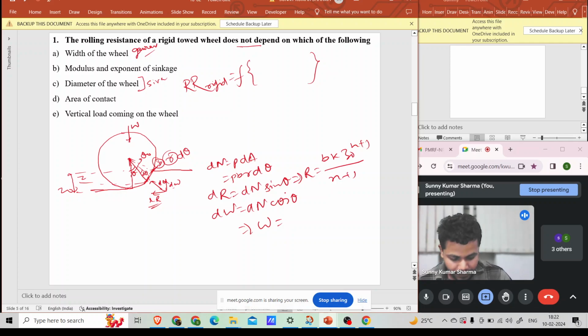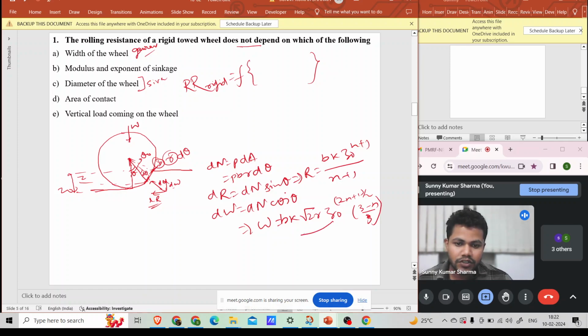If you remember it, then it is also good. Then W is coming as b k root under 2r, and 2r is nothing but the diameter, z0 to the power n plus 1/2, into 3 minus n by 3. This is difficult to remember.